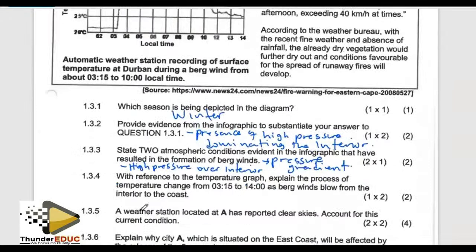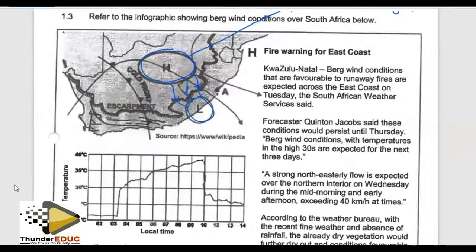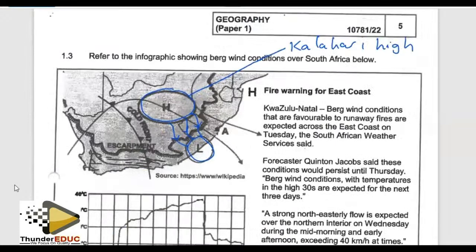Or another condition, we're going to talk about the coastal low pressure cell, which is situated along the coast. So this is our coastal low pressure cell. This one here would be our coastal low.